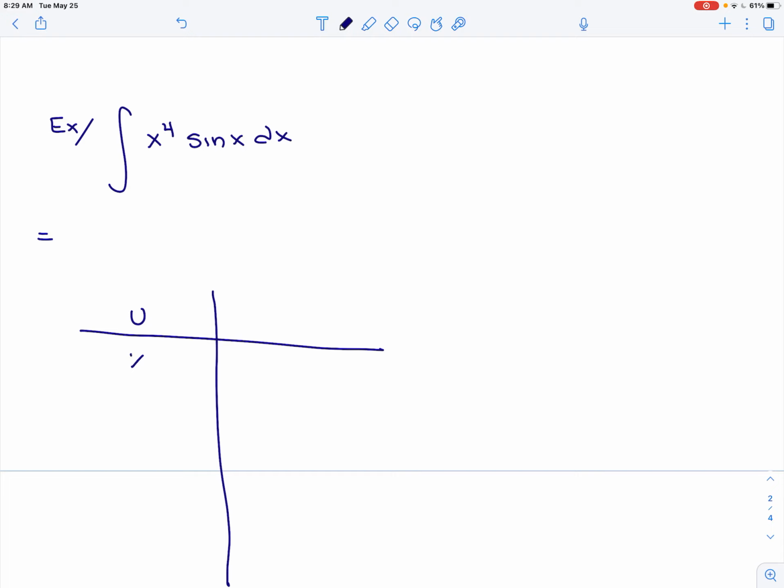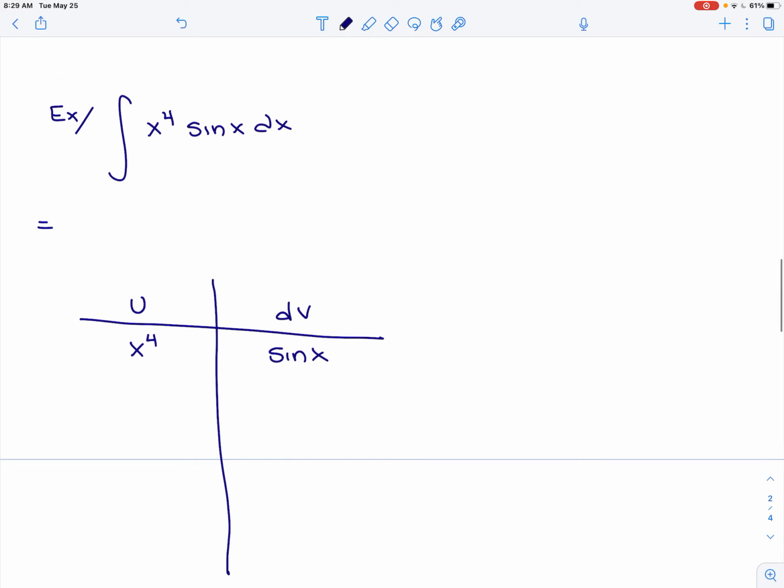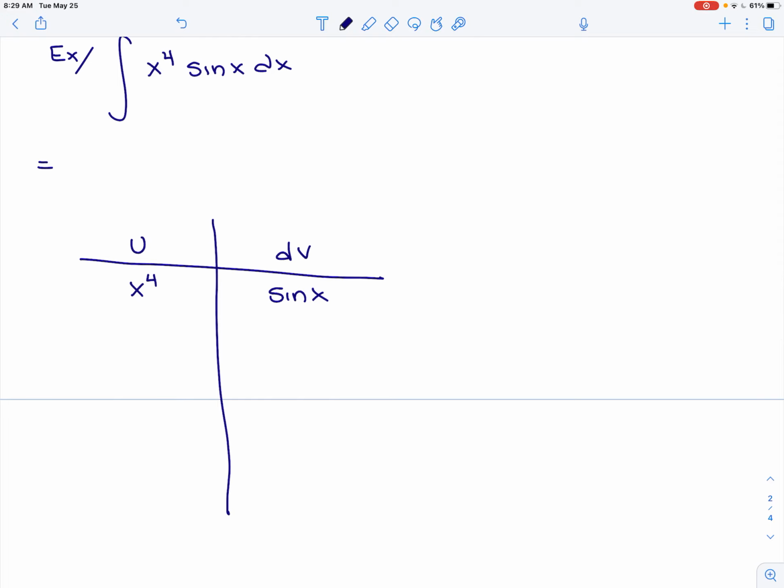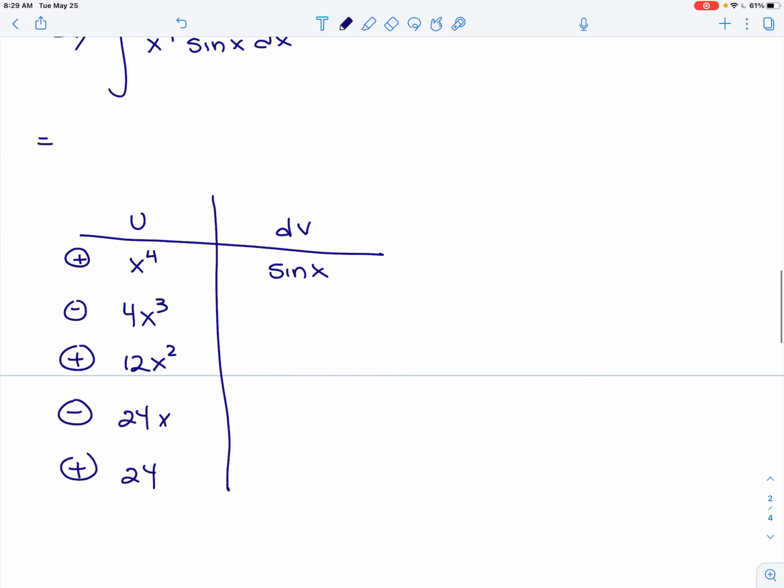So my u is x to the fourth, and my dv is sine x. So I'm going to make this plus, minus, plus, minus, plus. Okay, and once I'm at a constant, I can stop.